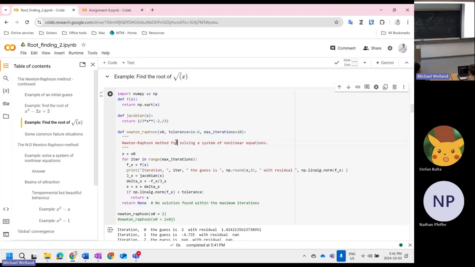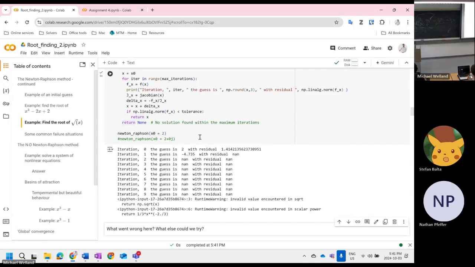There are even more funny cases like this guy, right? Square root of x. You would think that would be, well, what's the root of square root of x? Anybody? Where does the function square root of x become 0? 0, right? No big deal.